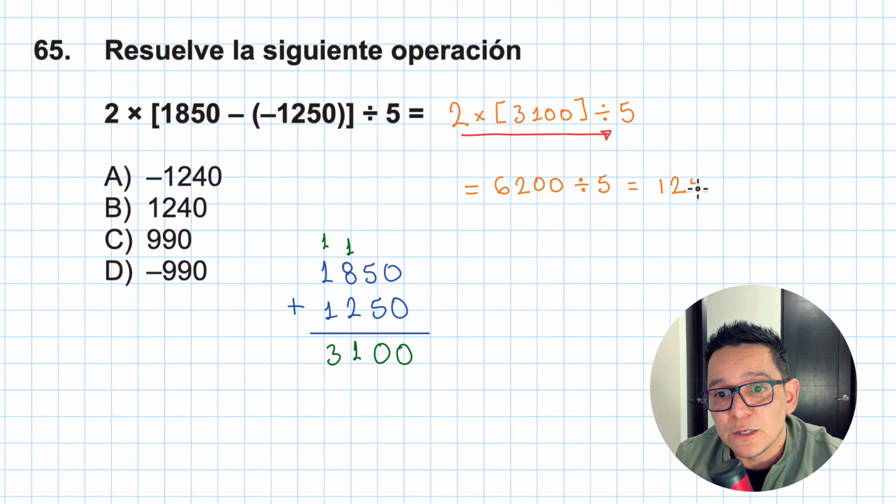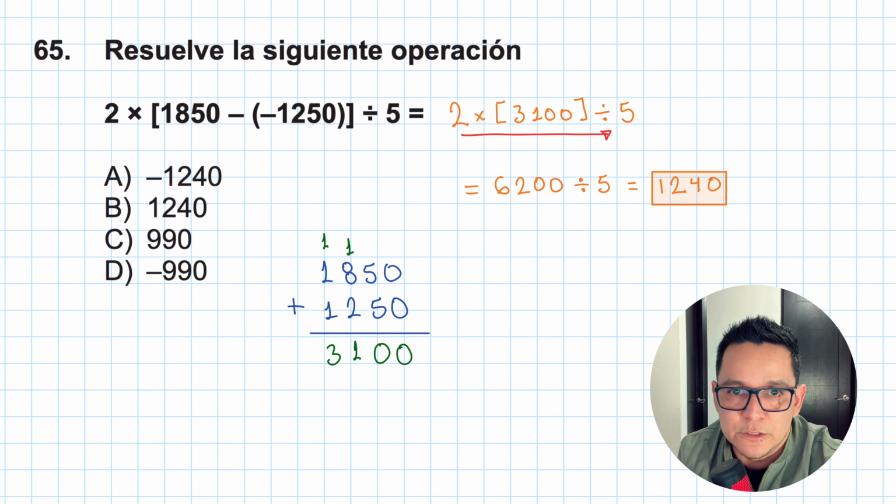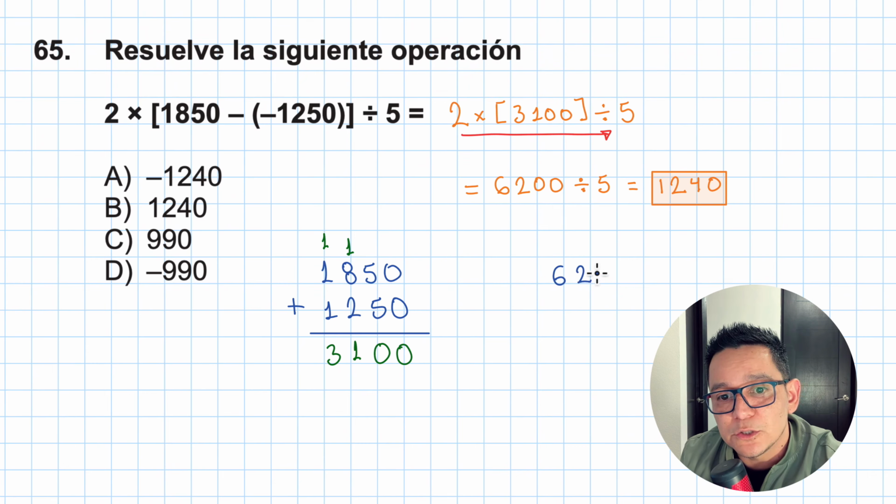So now I have that 6,200 divided by 5 is 1,240 in total. Do you agree with me on that? And if not, well, let's do the division. Okay, let's do it anyway, so you can see that, in fact, we're going to get 1,240. So we divide 6,200 by 5, right?